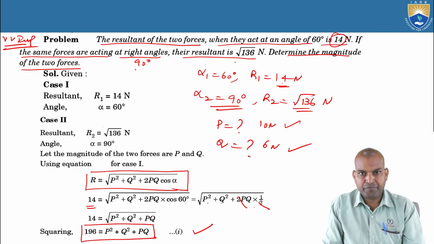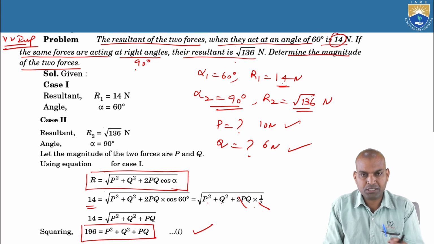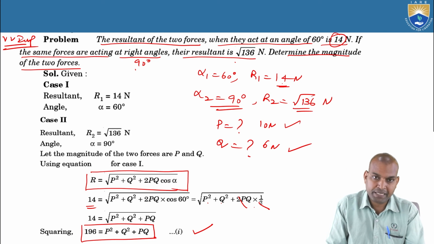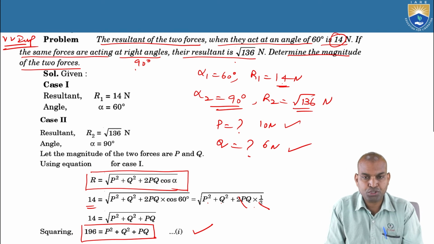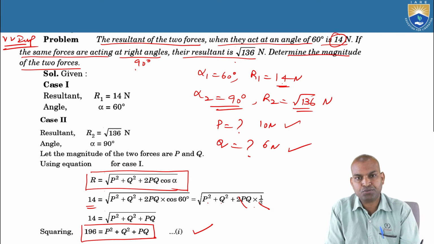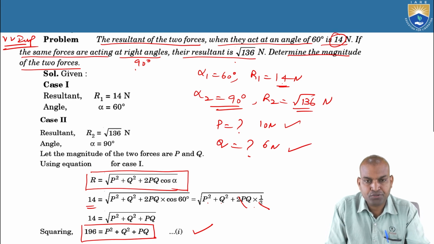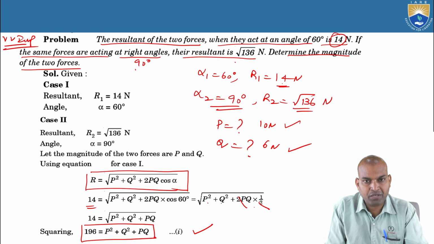In this problem, we calculated analytically and also verified whether, by using these two forces P and Q, the resultant force is obtained or not. That is R equal to 14 newtons for case 1, and for case 2 the resultant force is under square root of 136 newtons. Alright. This is what we calculated by using the parallelogram law of forces and derived expressions.